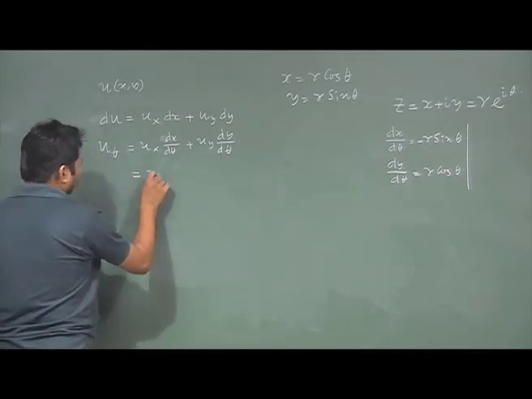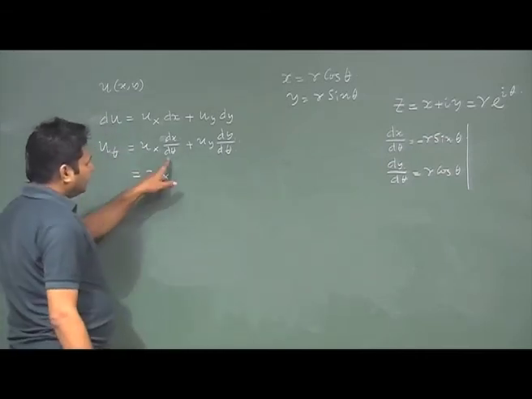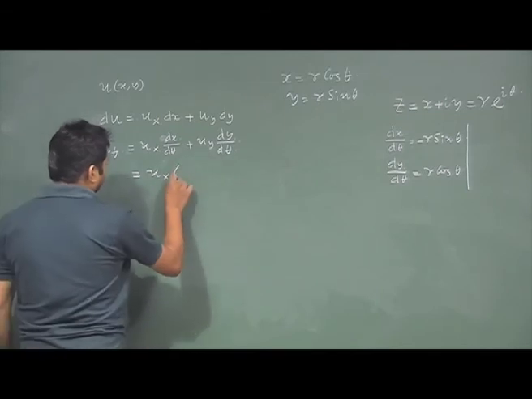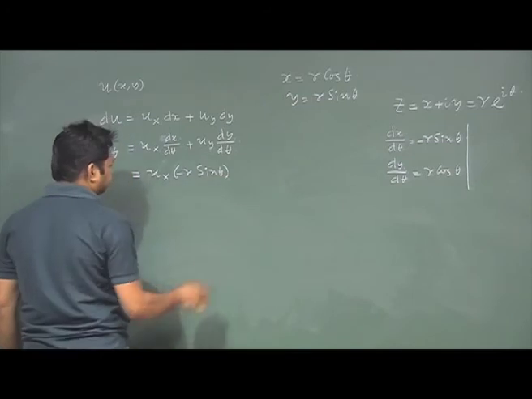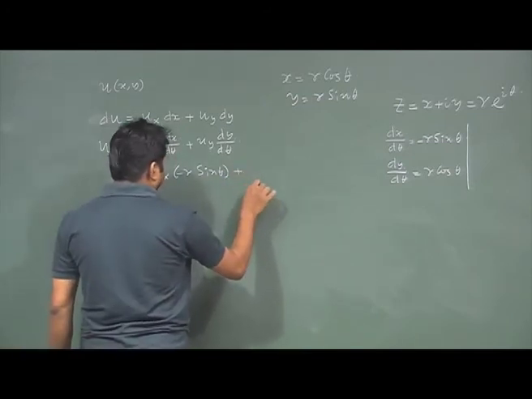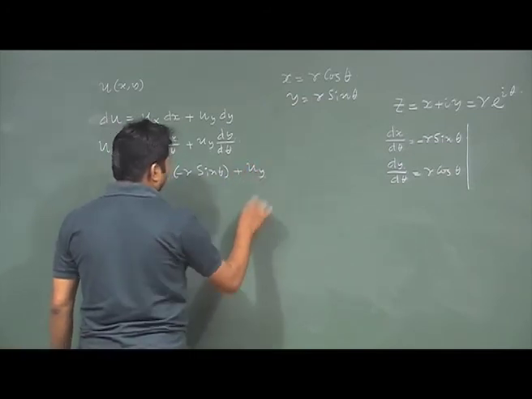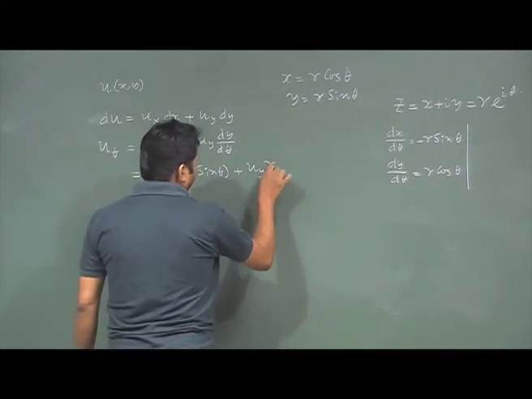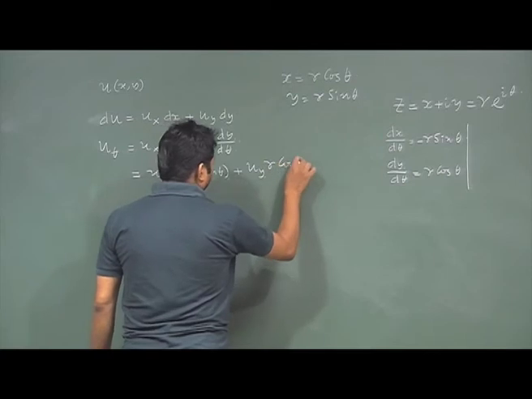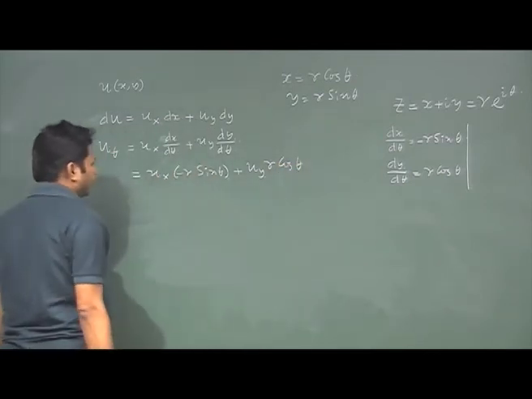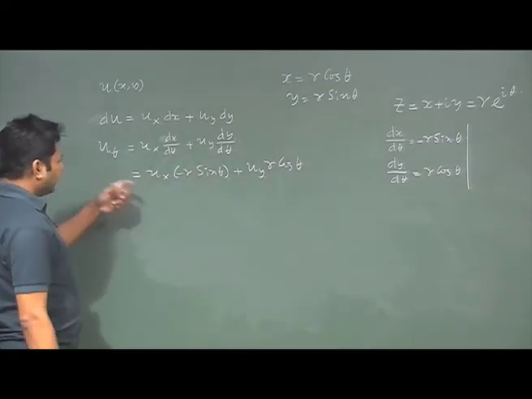So, it is ux, this quantity I will put, which is minus r sin theta, plus uy r cos theta. U theta is this.